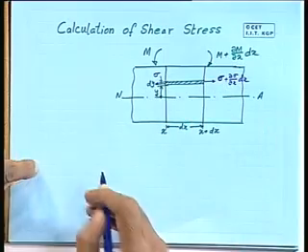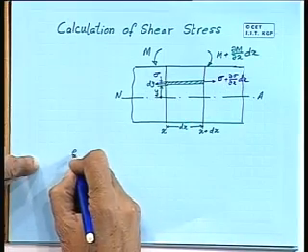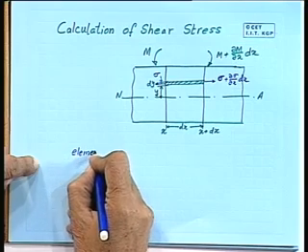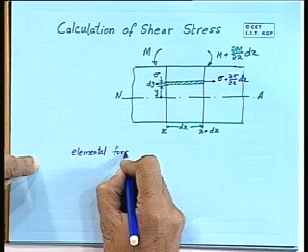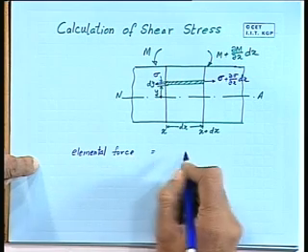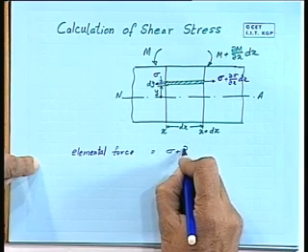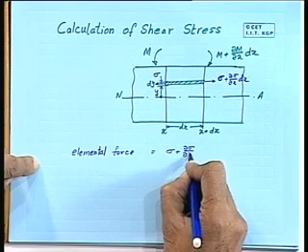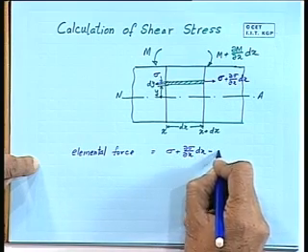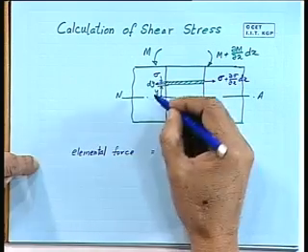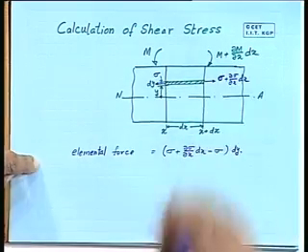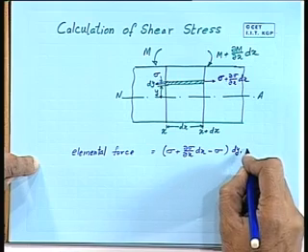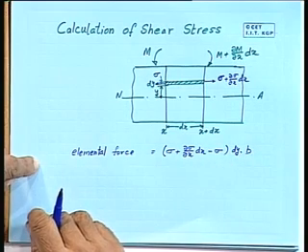So, the net force in this particular element, elemental force, is equal to sigma plus del sigma by del x into dx minus sigma, multiplied by dy, and the width across this, which is, let us assume, b.